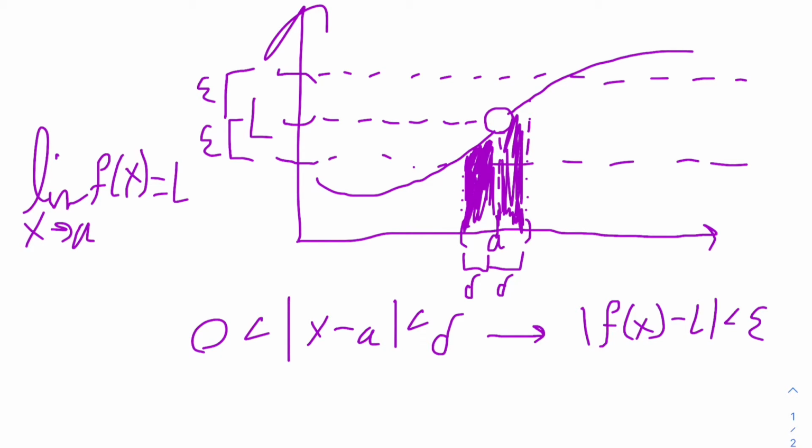So you see that the f of x values are basically always greater than the lower epsilon bound and less than the upper epsilon bound. See over here, it never crosses. It never becomes greater than or equal to epsilon units away from L.